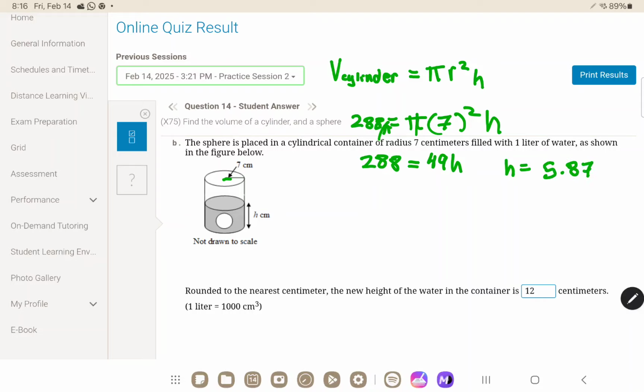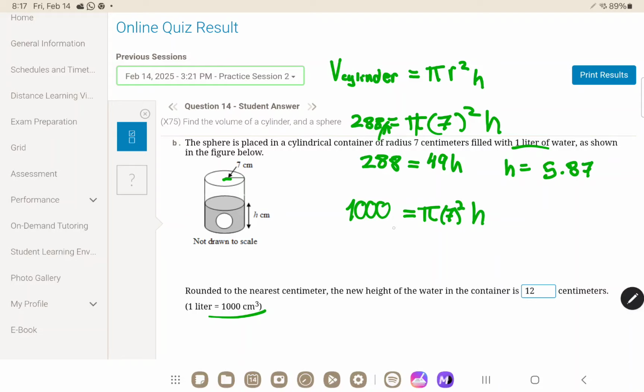Now we need to find the volume of the cylinder that's taken up when it's only water, which we know is 1 liter of water, which is 1,000 centimeters cubed. So 1,000 equals pi r squared h. I'm going to replace the r squared with 7 squared. Now we need to divide the 1,000 by pi and by 49.